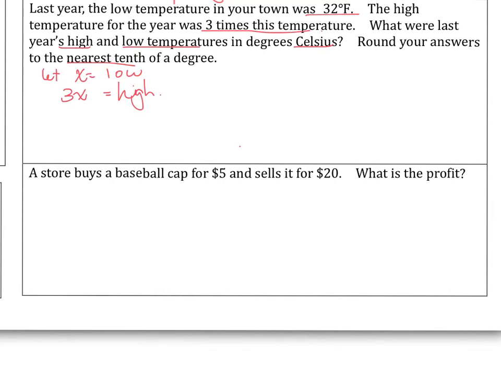So since the low temperature is 32 degrees Fahrenheit, 3 times 32 will give you 96 degrees Fahrenheit.